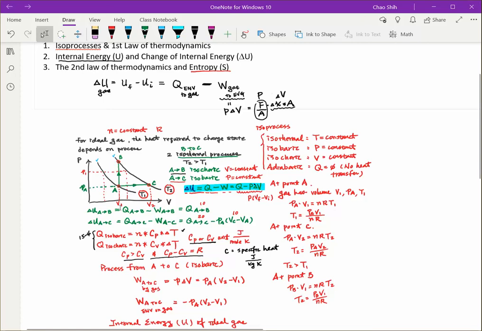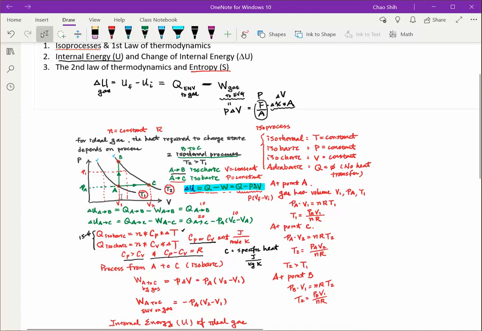The volume stays at V1. However, the pressure changes, and the temperature also changes because they are on a different curve. So you keep the volume fixed, but you allow the pressure and the temperature to change.